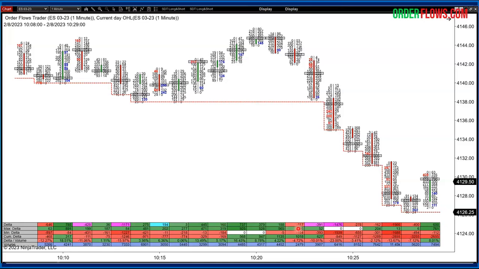But more importantly, what's delta doing? Positive or negative, right? You can see the delta's positive 700, 300, 188. So positive delta is decreasing.